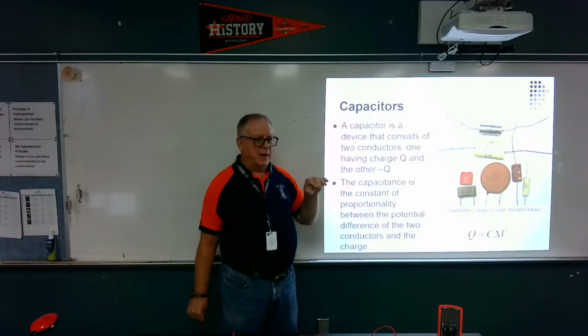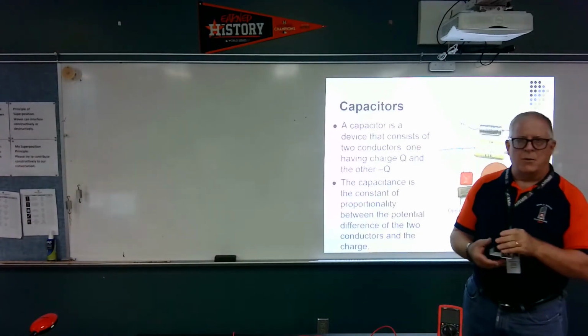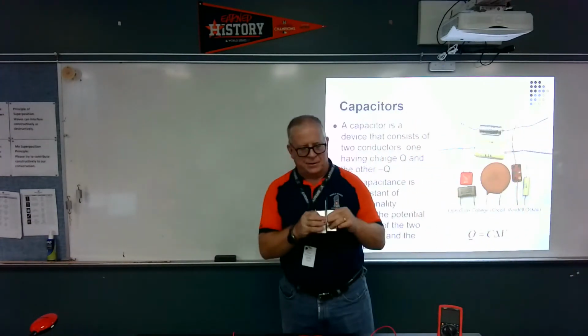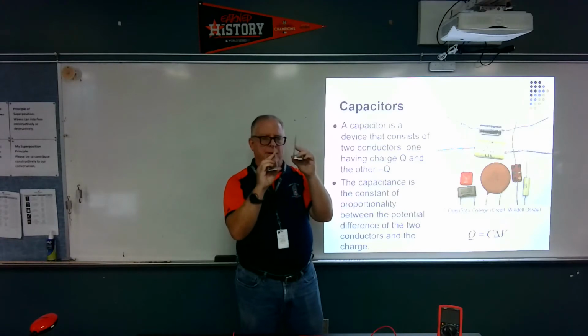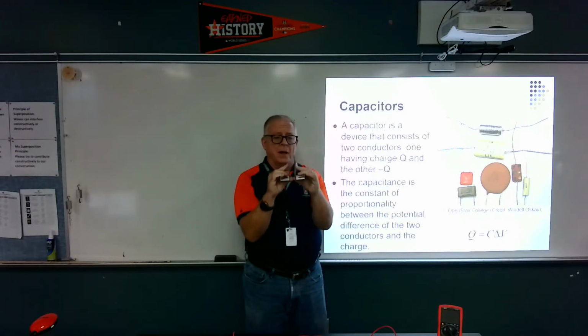So if you have a positive plate and a negative plate, this is how we often imagine a capacitor to look. It's got two plates. One will be the positive plate and one will be the negative plate, depending on how we charge it up.